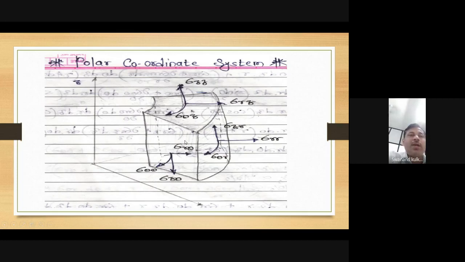So the same thing we can understand here also. This arrow shown by sigma theta theta, its component along radial direction is sigma r theta, and the component of this stress along z direction is given as sigma z theta.